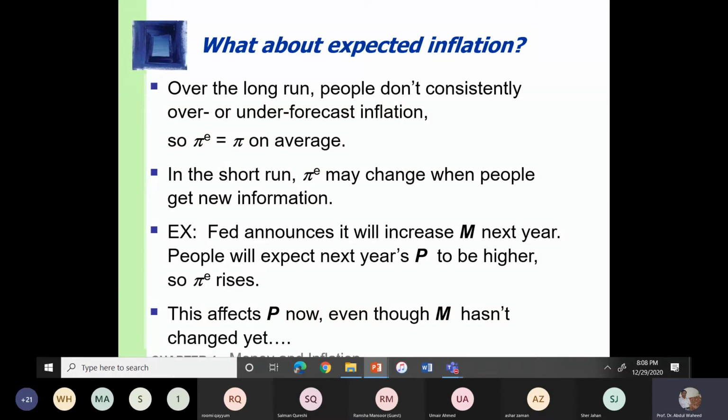That's why central banks don't announce it; they keep the money supply growth rate confidential. When the year has passed, they disclose what the money supply growth rate was in the last year. They don't announce their policy for the future money supply growth rate because people will change their expectations.